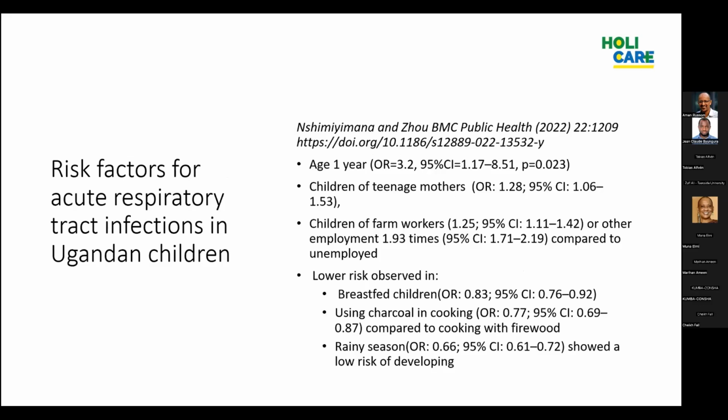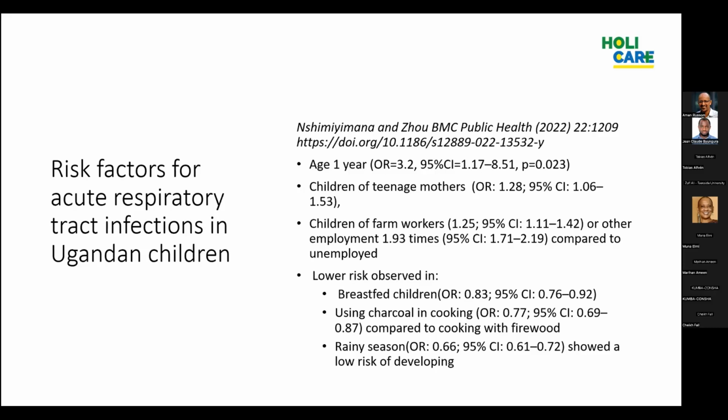So it's representative of the whole country, and it was among children below 5 years, where the risk factors associated included children below 1 year, children of teenage mothers, and children of employed mothers, but especially on the farms. And for these two categories, teenage mothers and mothers who are working, it is said that probably the mothers are away, and then there's less care for the children, and therefore they're predisposed to infective organisms.